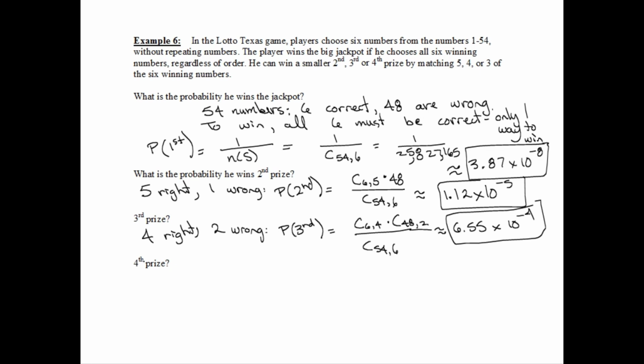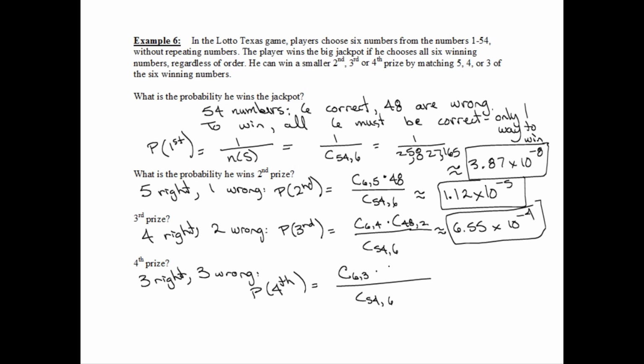Fourth prize. So that means now we're going to have 3 right, which means 3 are going to be wrong. Okay, so the probability of having this happen, same sample space. Now, how many ways are there to choose 3 right? Well, we've got 6 to choose from, choosing 3.